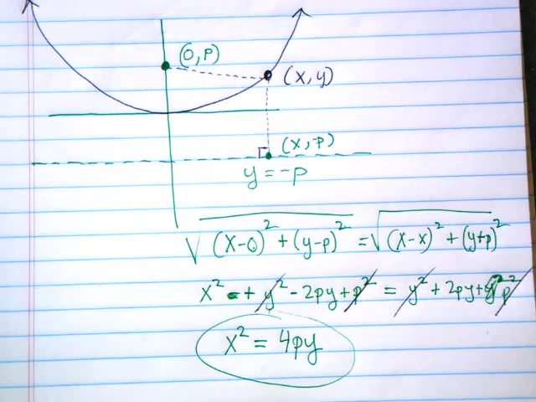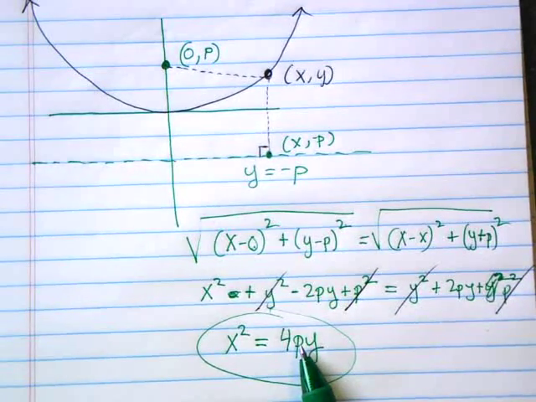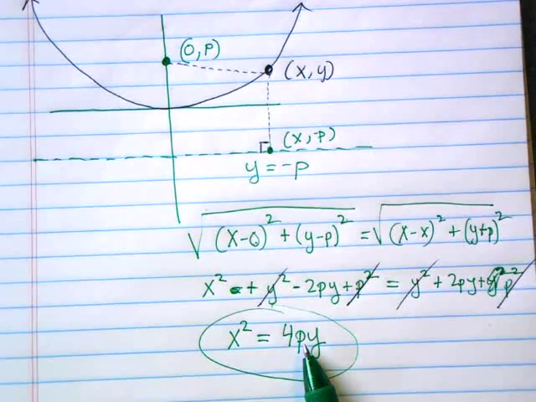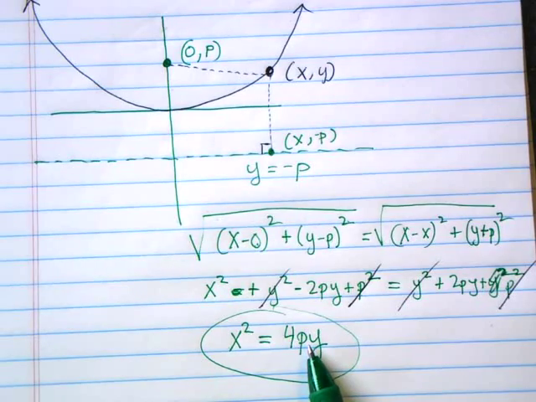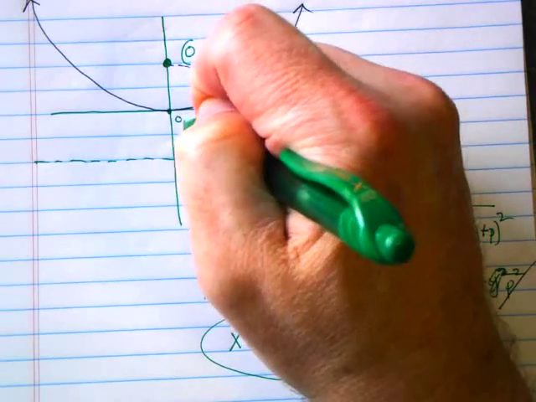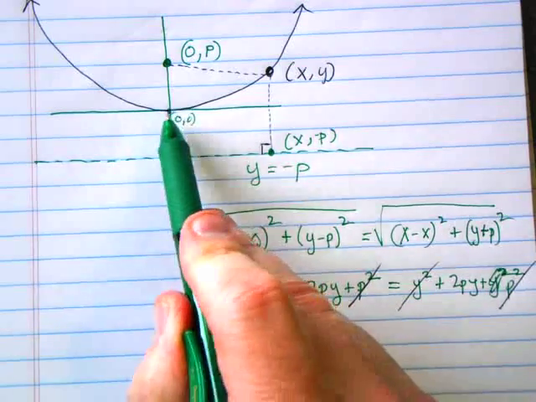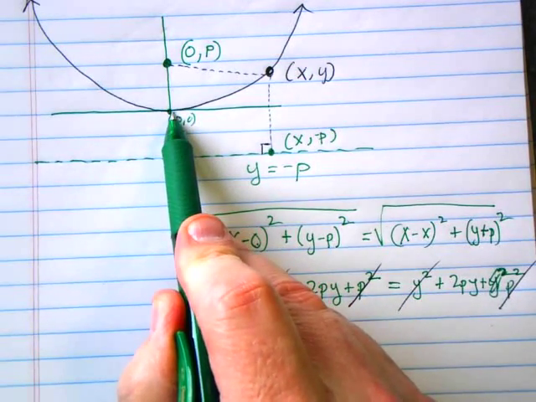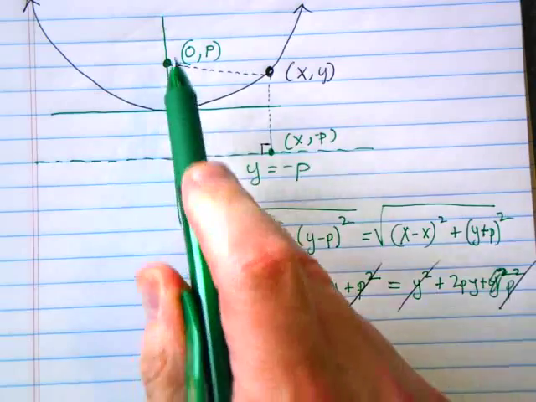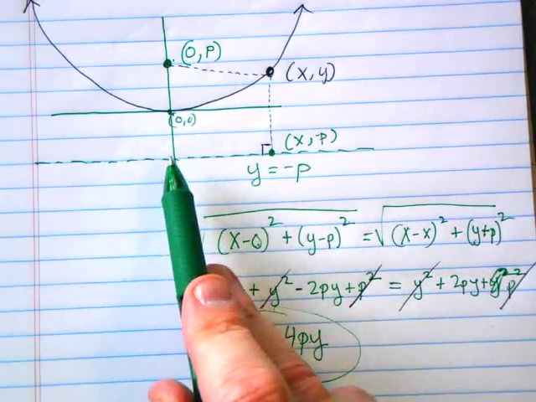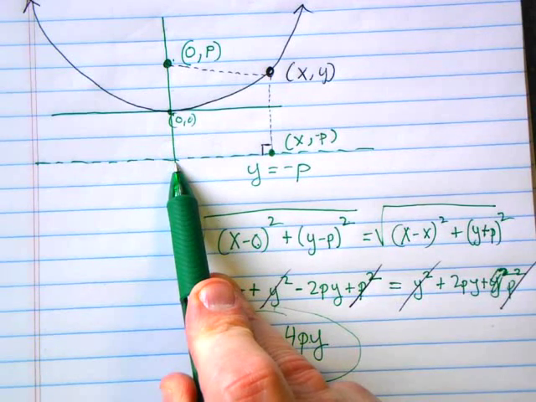So there's the equation of a parabola that we're going to use, different from the equations you've used in the past. What's this p number again? Well, in my parabola that I drew, where's the vertex? The vertex is at the origin. So what does this p number give you? The distance from the vertex to the focus point. It's also the distance from the vertex to that line.